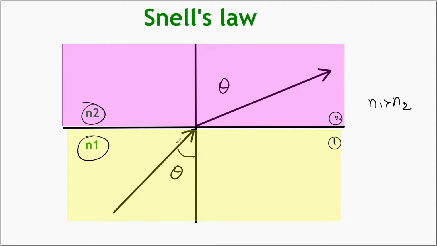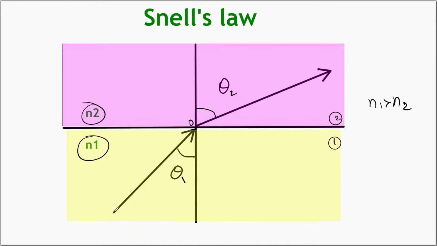Suppose we are launching light to the interface with an angle theta 1, touching the interface at this point, say O. Then the light will enter medium 2 with an angle theta 2, which will be greater than theta 1, because when light enters from a denser medium to a rarer medium, or from a higher refractive index medium to a lower refractive index medium, the ray would move away from the normal.